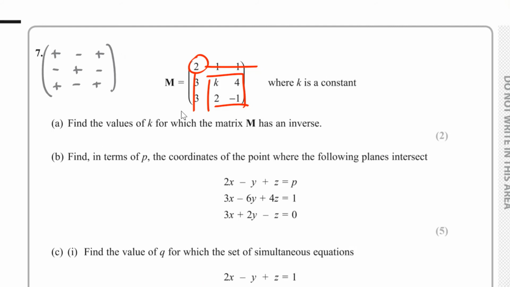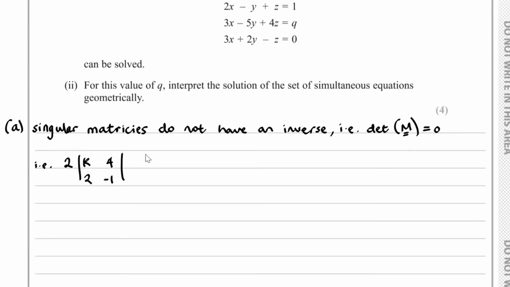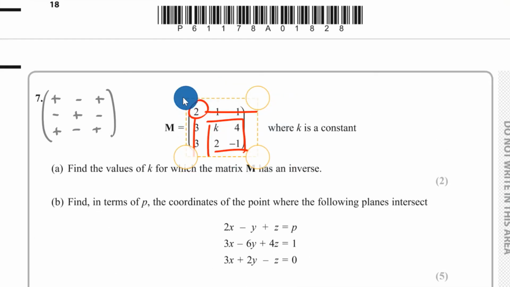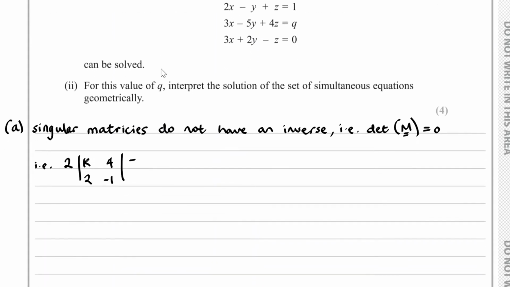So for the next entry we have minus, and then we delete across and delete down, so we have (3, 4; 3, -1). So we have minus, minus 1 lots of the determinant of (3, 4; 3, -1). And then we have plus.